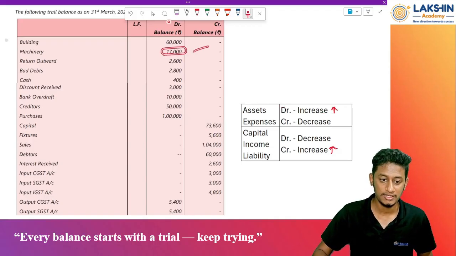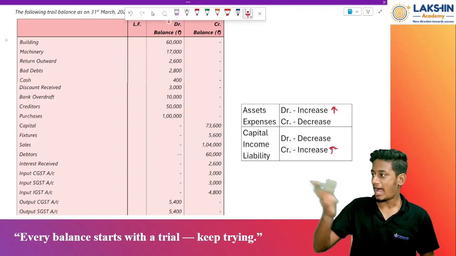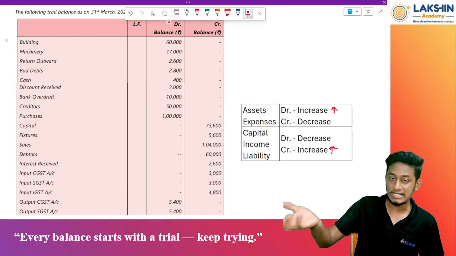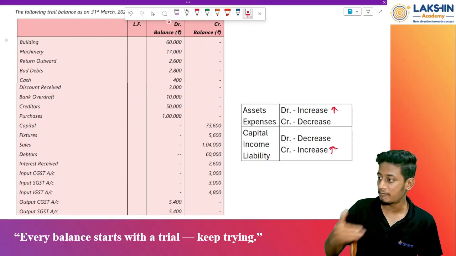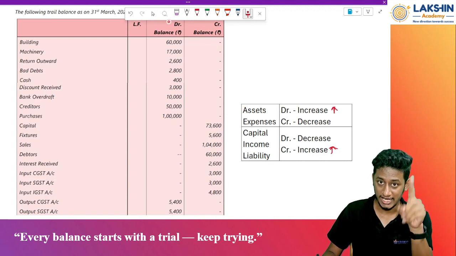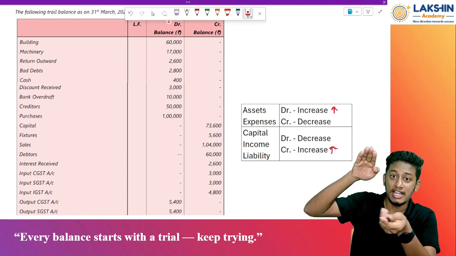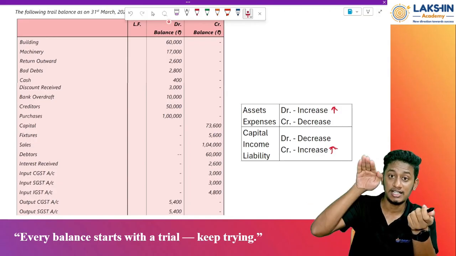It is proper. Next, returns outward. I have purchased some goods. Now I am giving them back. Purchase was an expense, but I am giving it back. It is a reduction in expenses.